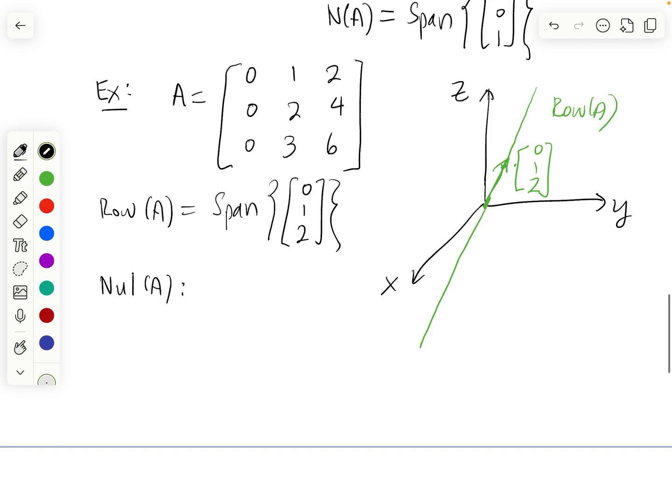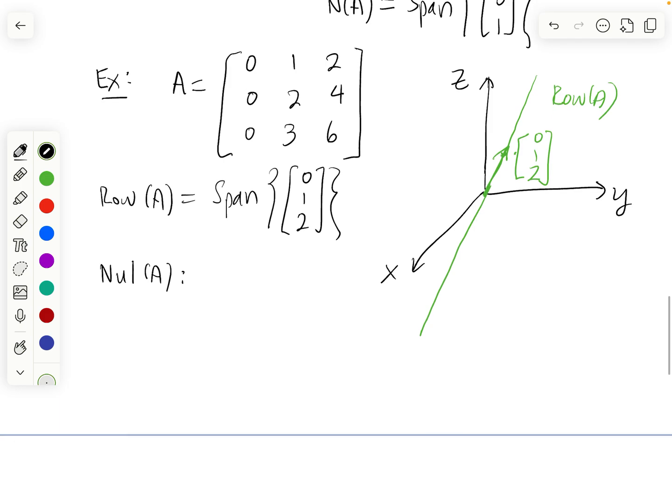It's the null space of A. It's just that some books write R of A for the range of A, which is a different thing. That would actually be the column space instead of the row space. I usually write R of A to mean the row space, but other people will mean it to mean something else.